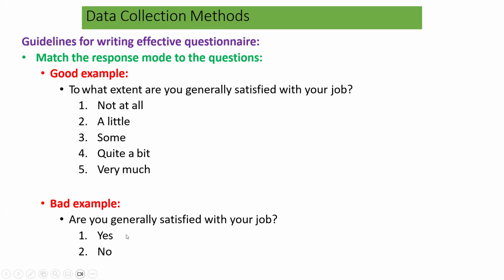Simple yes or no answer. If you draft a question starting with "are you", obviously the answer comes as yes or no, right? But if you ask, to what extent, then the answer must be designed based on the type of the question, right?